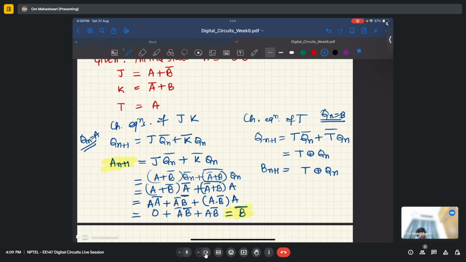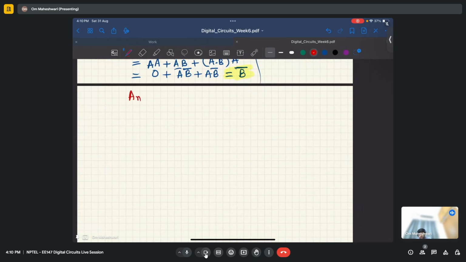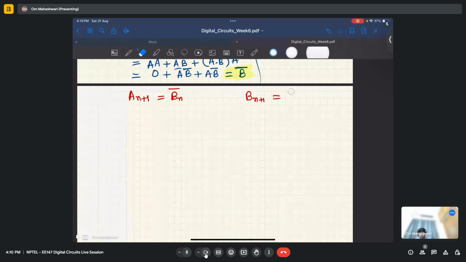Same thing we do here. T is A, Qn is B. It is A XOR B. So what we have is An plus 1 equals Bn bar, and Bn plus 1 equals An XOR Bn, right?